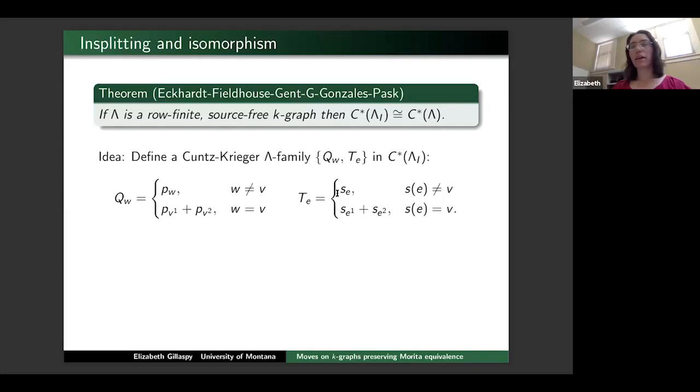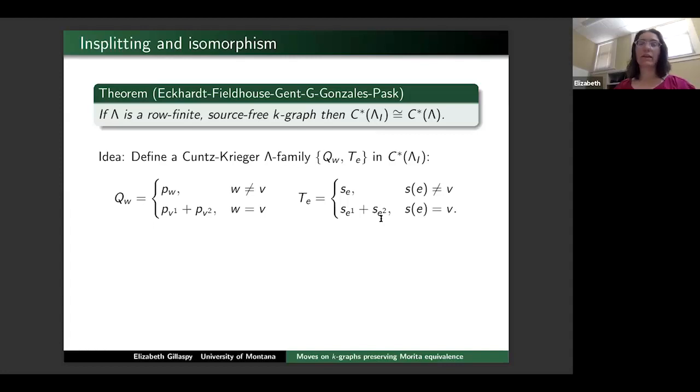And similarly with the edges. We imported a whole bunch of edges and we duplicated the ones with source V. So I'm going to let my new partial isometry T_E associated to the edge E in lambda be the generator S_E of C-star lambda I if the source of E isn't V. And if the source of E was V, so I've got two copies of the edge E in C-star lambda I, I'll take T_E to be the sum of those two.